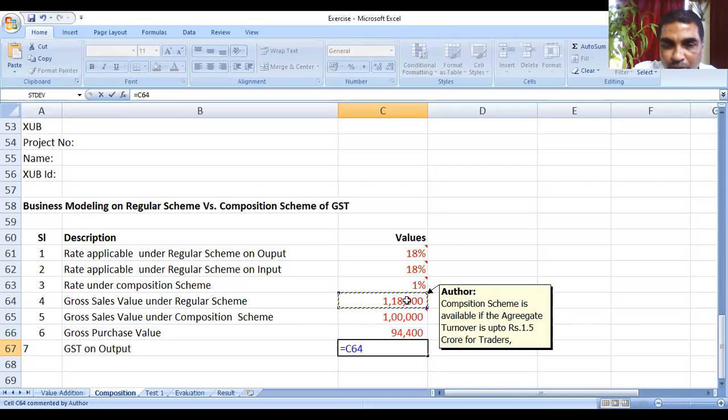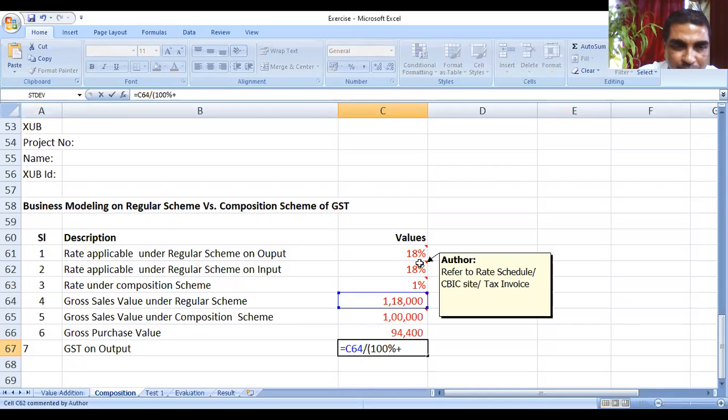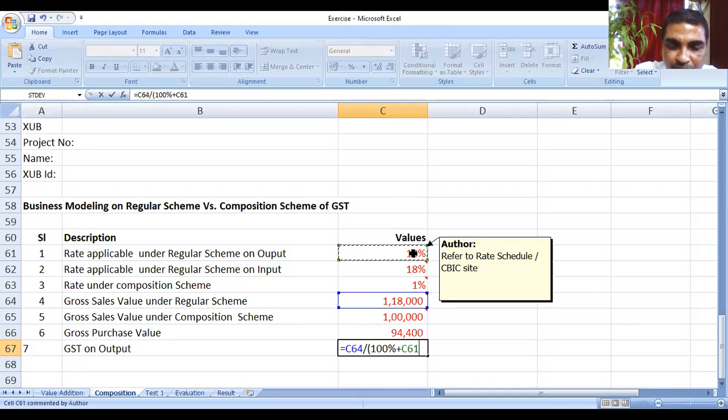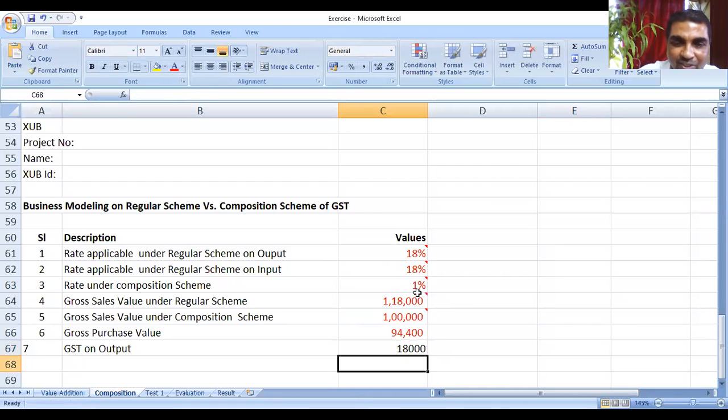So what I'll do is divide by 100% plus the output rate 18%, into 18%. So this is the GST component. You see automatically it is changed. Understood what I have done? This is the GST component in that.